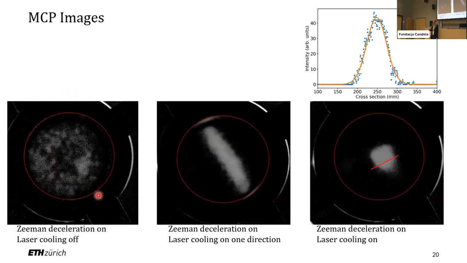You can see it spreads out almost over the entire range of the imaging MCP. The second picture shows a 1D laser cooling. And with the last picture, you can see how the cloud is cooled. This is an image of the cross section, which we fitted to around 8 millimeters.